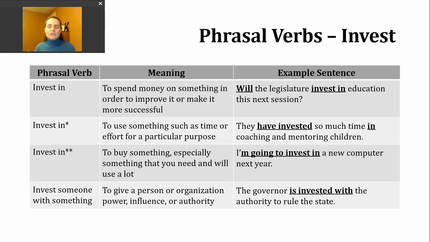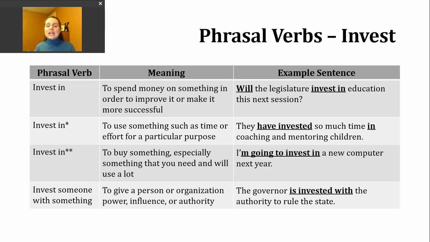The last phrasal verb we'll take a look at is to invest someone with something. And this usage means that a person or possibly an organization, a group of people, is being given power, influence, or authority of some kind. So let's look at an example of this usage.